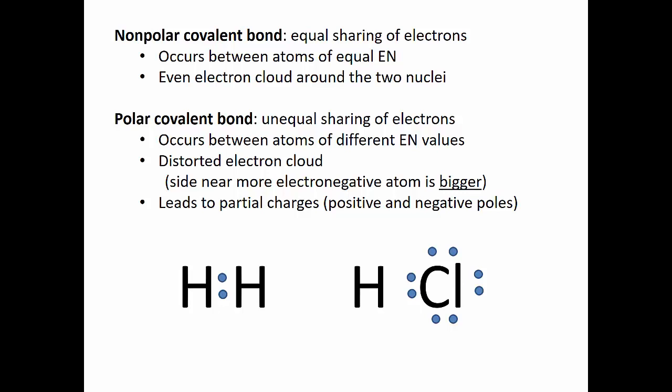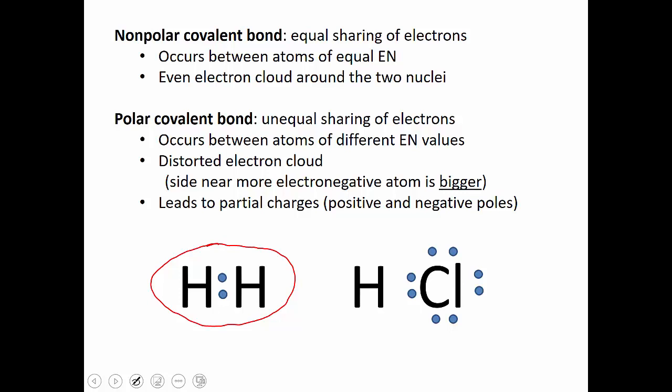The electron cloud around the two nuclei is very even because the electrons are spending equal amounts of time around both of those atoms. For example, in hydrogen bonded to hydrogen, we would draw the electron cloud as a nice even cloud around both of them. The electrons don't spend more time with one atom over the other.